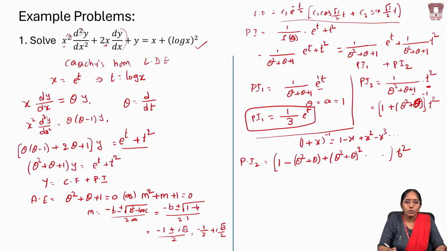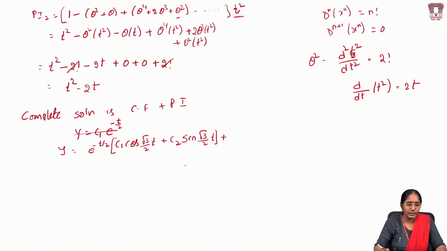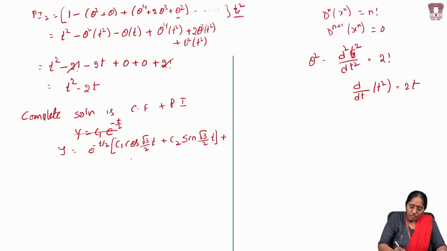What is that pi1 now? pi1 is 1 by 3 e power t, plus pi2. What is the pi2 value? t square minus 2t. Now we replace t as log x, where t is equal to log x or x is equal to e power t.